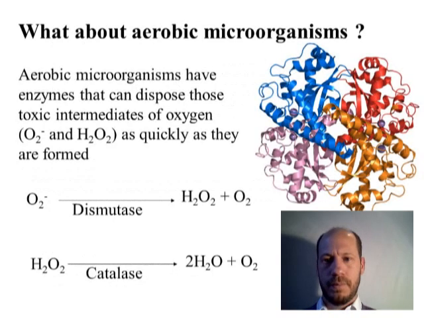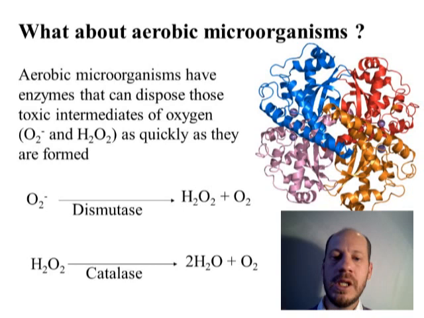So how is it that the aerobic microbes or the facultative anaerobes deal with the presence of oxygen and this oxidizing pressure that they have? The way that they do it is by producing two enzymes mainly.